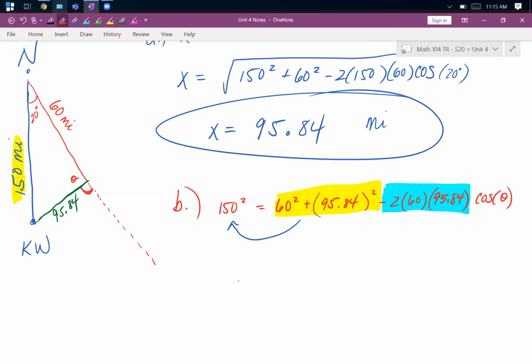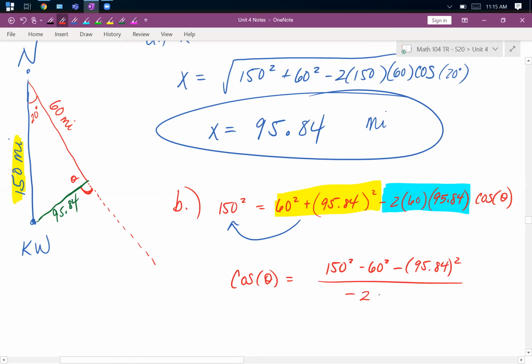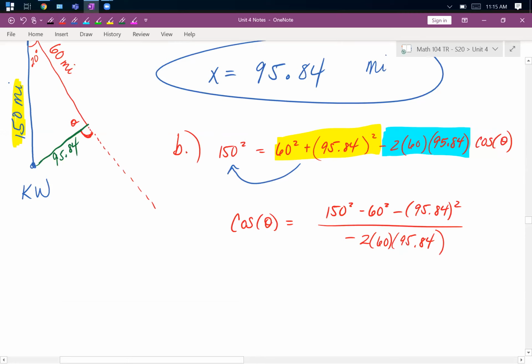If we do that, we'll end up with cosine of theta equal to 150 squared minus 60 squared minus 95.84 squared divided by -2 times 60 times 95.84. And then to find our angle theta, we're going to do inverse cosine of that fraction.